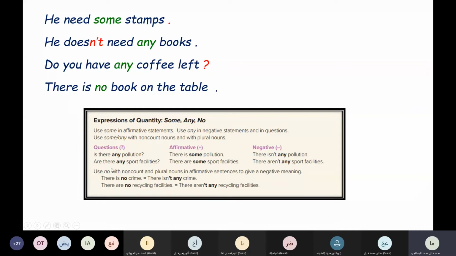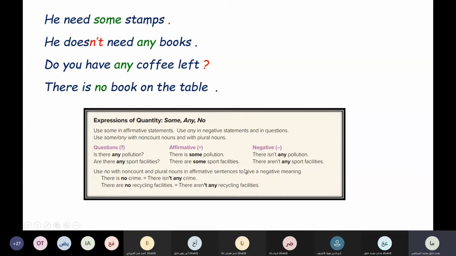Here we have no. We use no with affirmative sentences to give a negative meaning. Again, we use no with non-count and plural nouns in affirmative sentences.